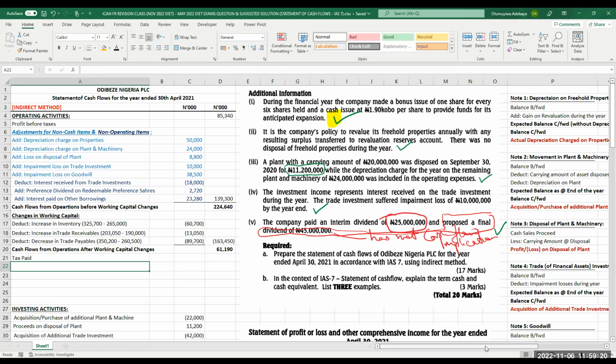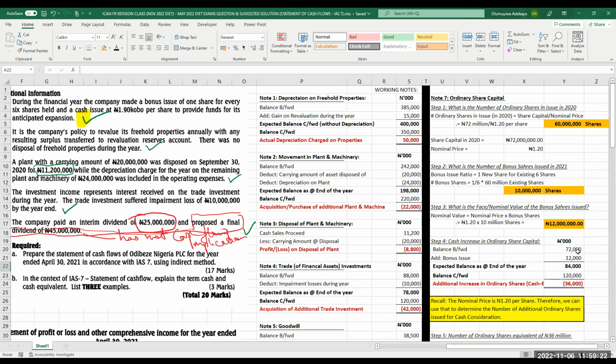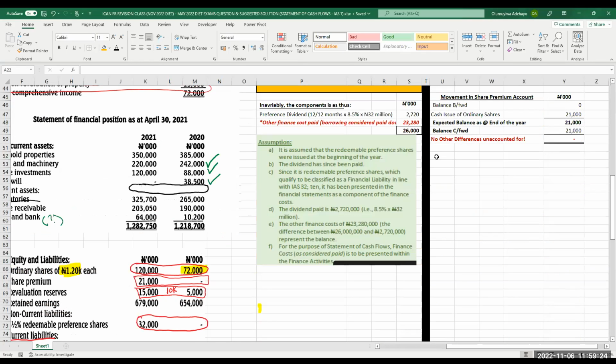Now, which will be my note 8, tax paid during the year. What's my tax paid during the year?